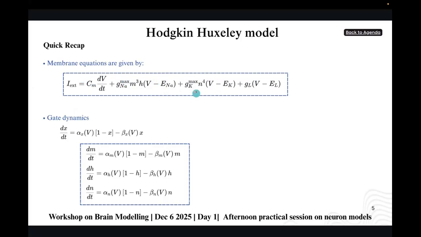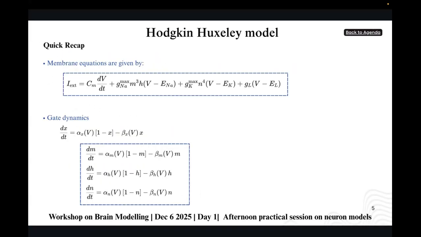But what about M, N, and H? They are again gates which also have some kind of dynamics that is given by these three differential equations. Basically, alpha and beta determine their opening and closing, the fraction that is open and the fraction that is closed. This alpha, beta are functions of voltage. Okay.